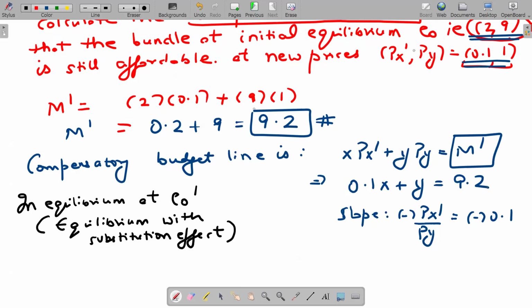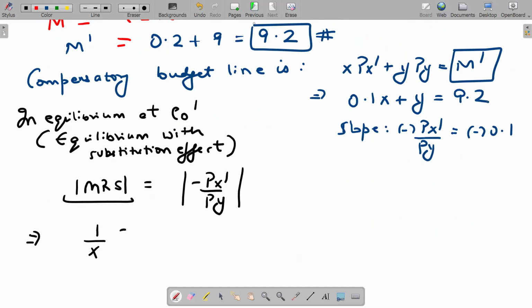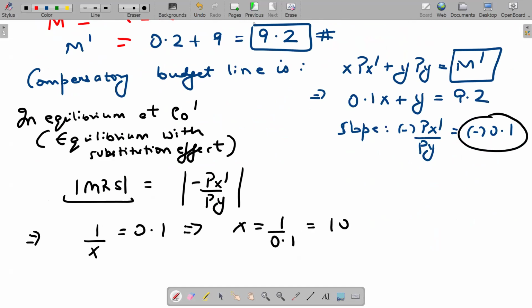So at E0 dash, again, I compare the absolute value of the slope of the indifference curve and the absolute value of the slope of the budget line. The absolute value of MRS is just 1 over x. We've already calculated it before. The absolute value of the slope is just 0.1. So again, 1 over x equal to 0.1 implies that x is what? x is 1 over 0.1, which is 10.